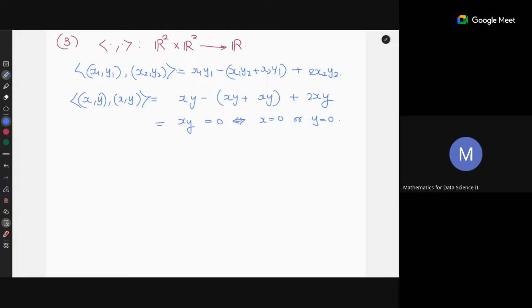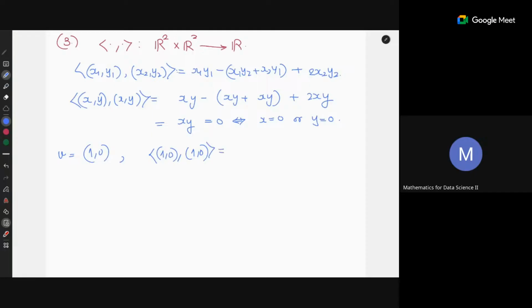But there can be a vector, for example, like this: 1 comma 0. So let's take this vector 1 comma 0. What is the inner product of 1 comma 0 with itself?